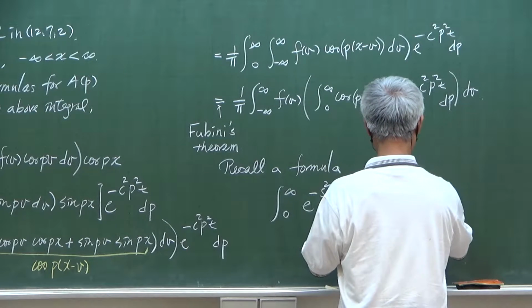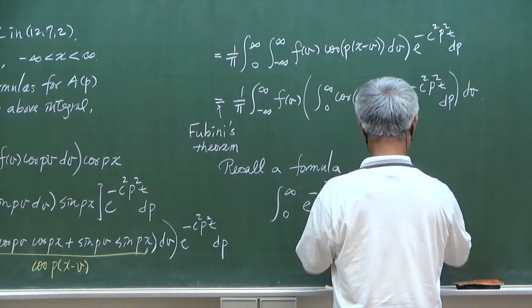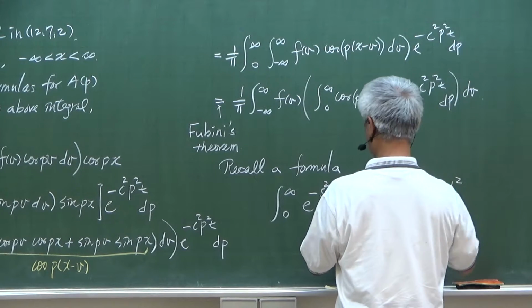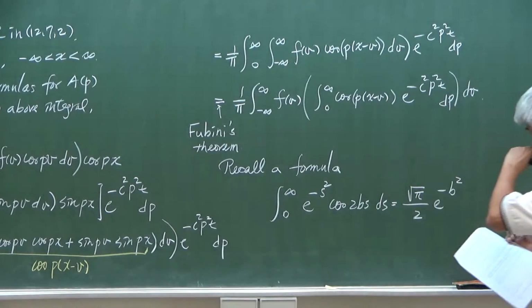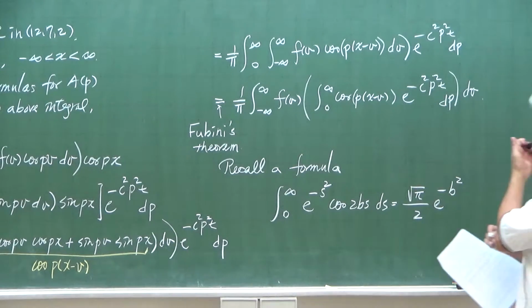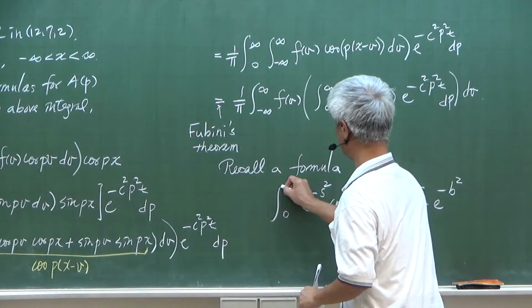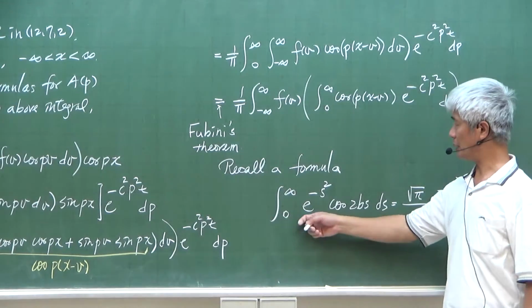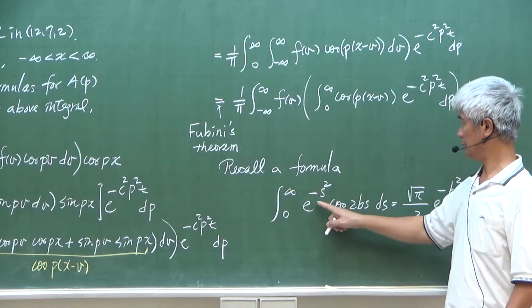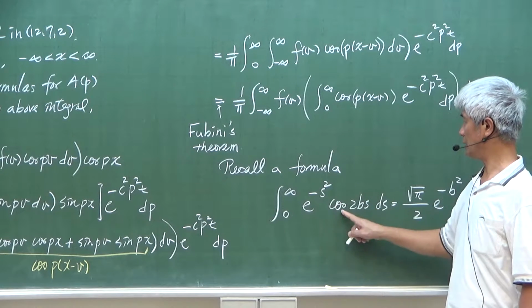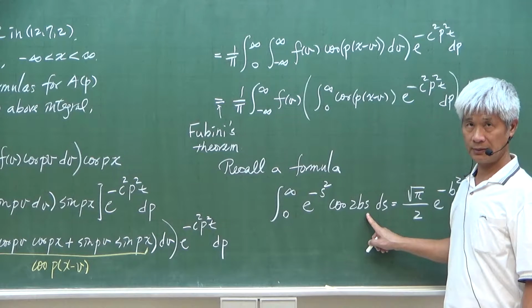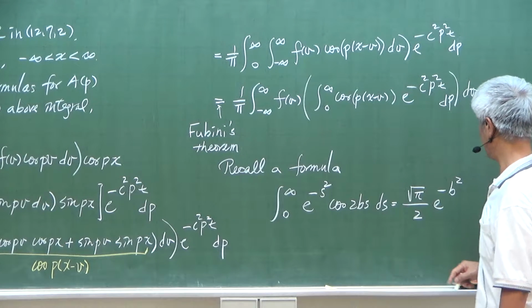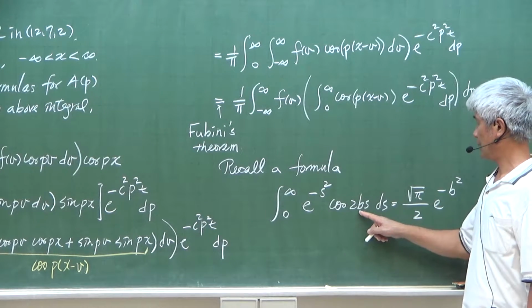Equal to square root. Okay, so I just write down the identity. This is a special type of improper integral, e to the minus s squared and cosine 2bs ds.